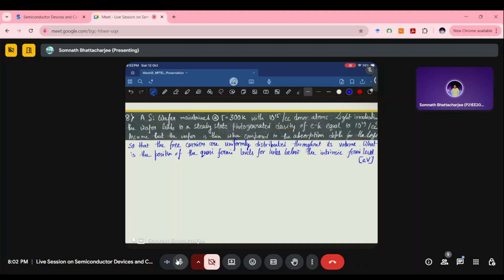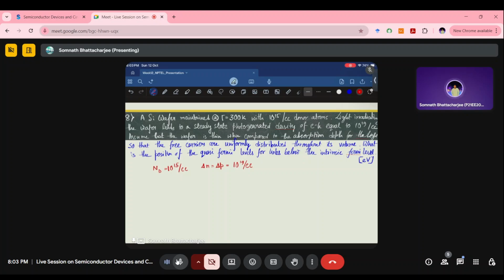I'm just writing down the values. What we have from this equation is ND, we know that is 10 to the power 15 per cc. We know del N equals del P equals 10 to the power of 19 per cc as well.